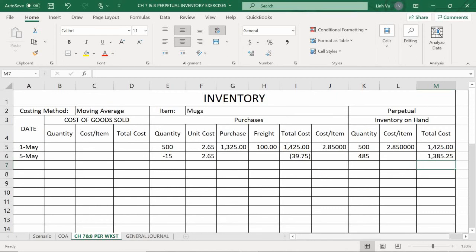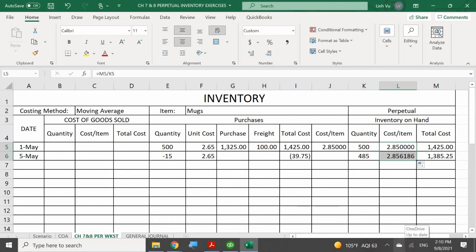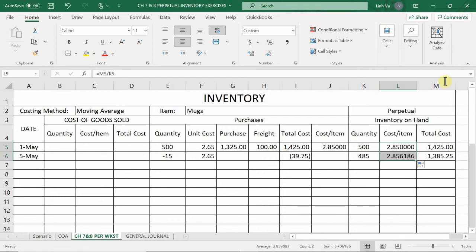And with that being said, we also have to calculate our average cost per item, which in this case is 2.85618. And with this, I'm going to block off this top part here because I don't need it. It's going to distract me if I leave it there.